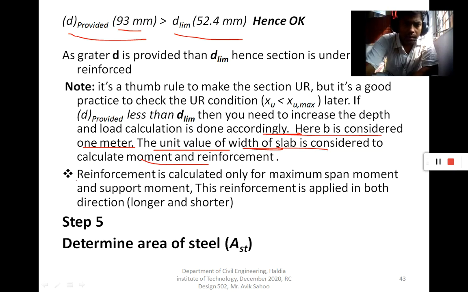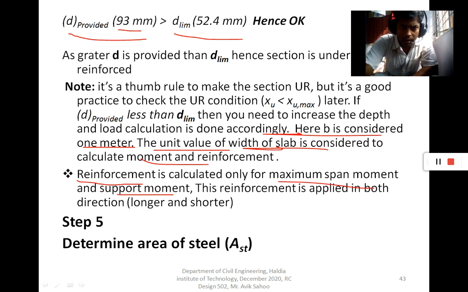Next, another point you note is how reinforcement is calculated. In the previous slide, we computed the moments along the longer direction and the shorter direction. We determine the reinforcement only for the maximum span moment and support moment.